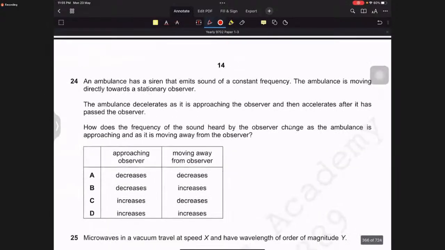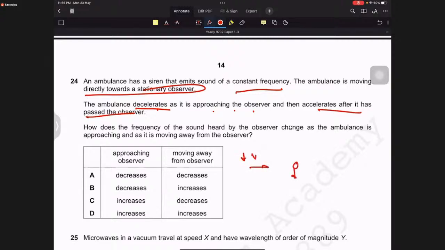Now going to the next one. Ambulance moving directly towards the observer decelerates as it approaches and then accelerates after it's past the observer. So there's an observer, the speed is reducing and then the speed is increasing. When it is moving towards the observer, you have f0 equals fs times v over (v minus vs). This is vs, by the way. And when moving away, f equals fs times v over (v plus vs).